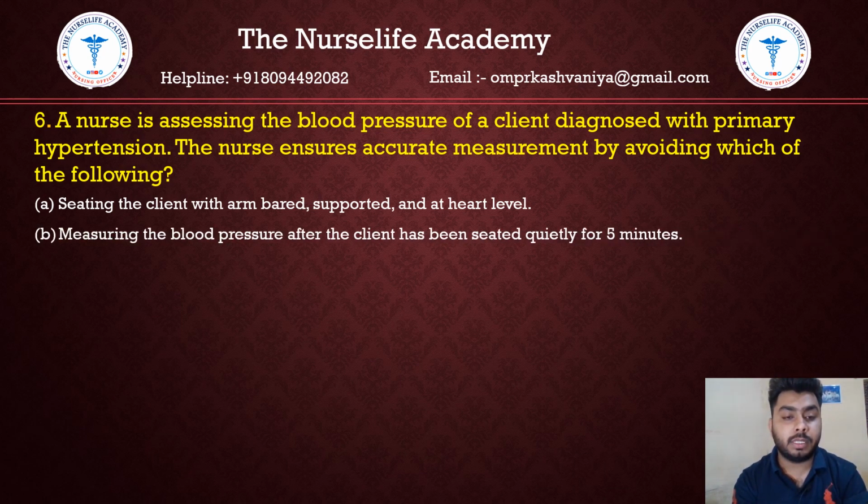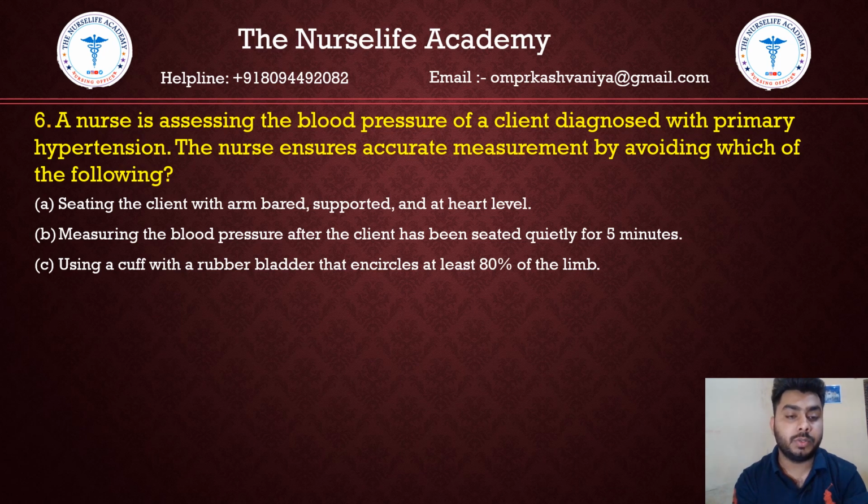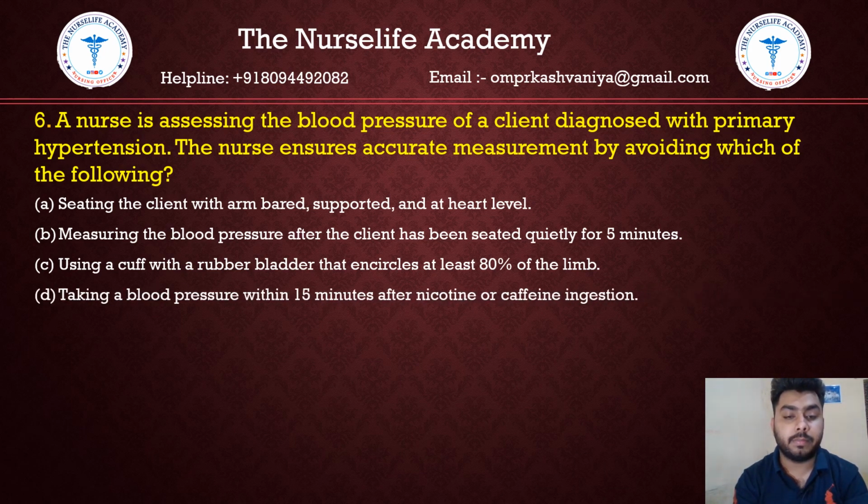Option B, measuring the blood pressure after the client has been seated quietly for 5 minutes. Option C, using a cuff with a rubber bladder that encircles at least 80% of the limb. Option D, taking a blood pressure within 30 minutes after nicotine or caffeine ingestion.